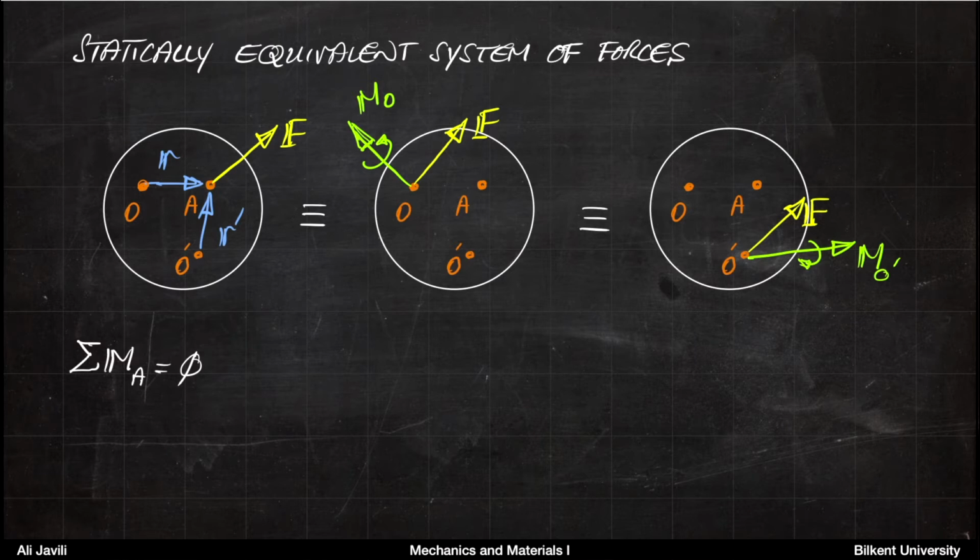Again, it's not about equilibrium, it's just the resultant moment with respect to point A is 0, or any other point along the line of action of F.